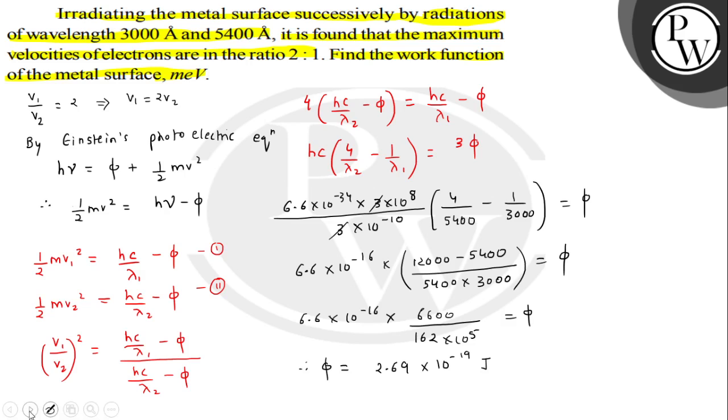Therefore phi will be equal to 2.69 into 10 raised to minus 19 divided by 1.6 into 10 raised to minus 19. Here these cancel and the value of phi comes out to be 1.68 electron volt. But we need the answer in milli electron volt, so we just multiply it by 1000, and we will get the answer as 1680 milli electron volt.